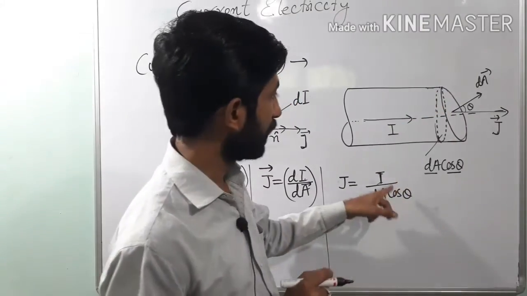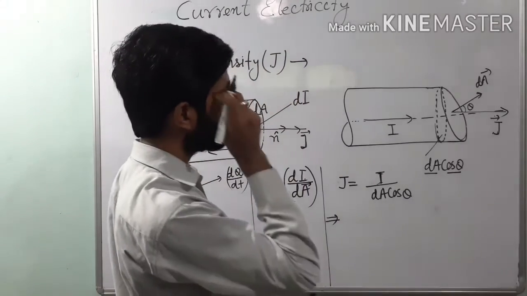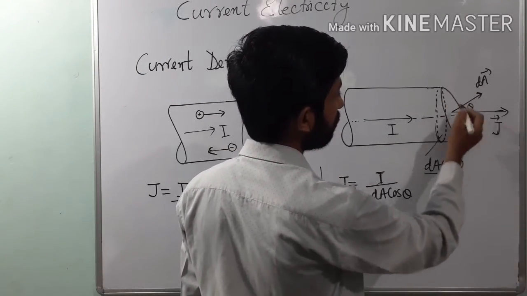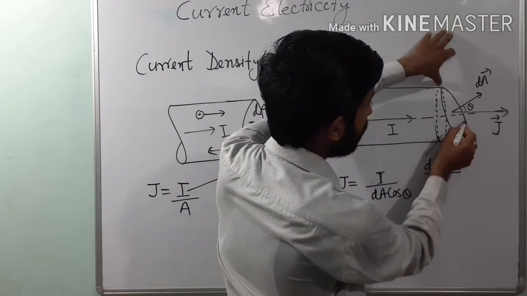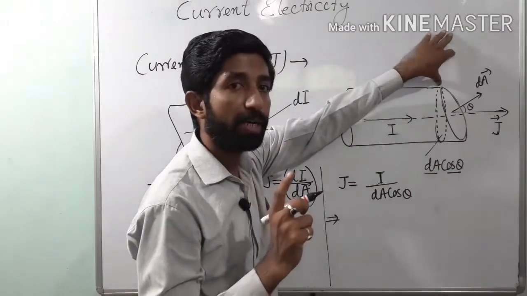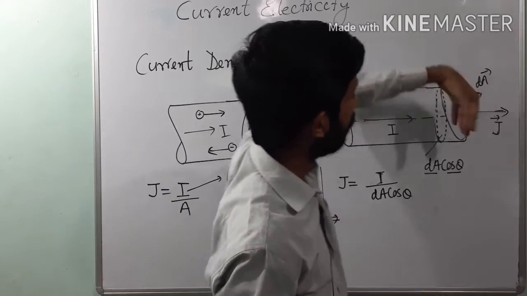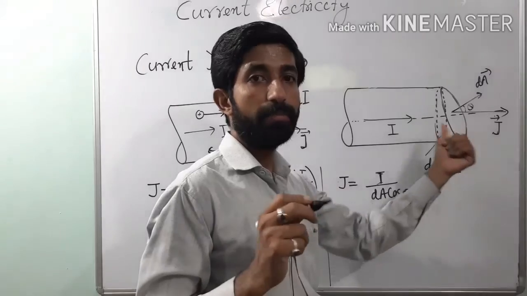Getting it? The current is perpendicular to the normal to this particular region. But actually, what is the area? This is the area of the conductor shown by the dark lines, and its normal is this way and not along this way. So this is producing a little more problem for us.